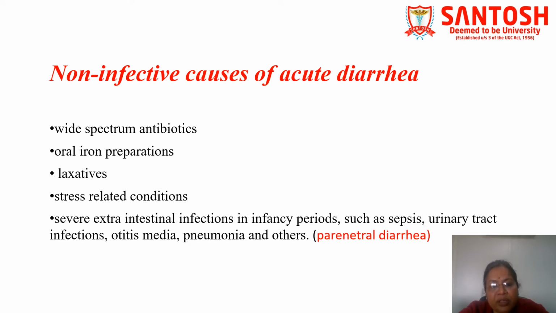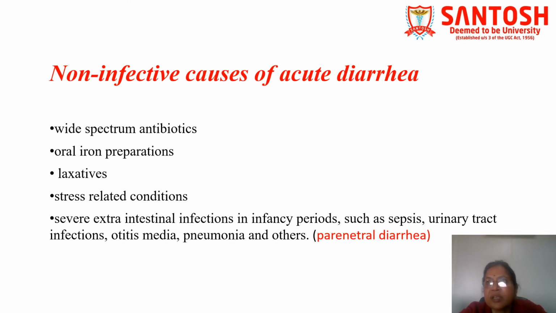And one very important thing I would like to highlight here is parenteral diarrhea. Parenteral diarrhea means there are some conditions in which the focus of infection is not in the GIT. It is not in the gastrointestinal tract. Maybe the baby is having otitis media, maybe he is having pneumonia, maybe he is having meningitis.